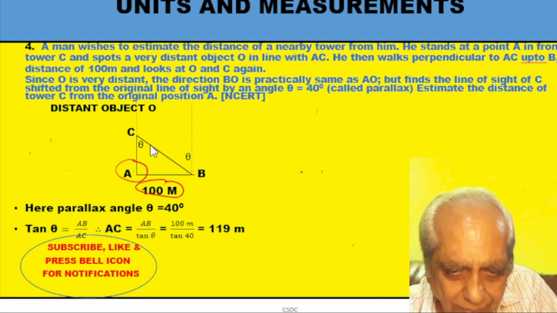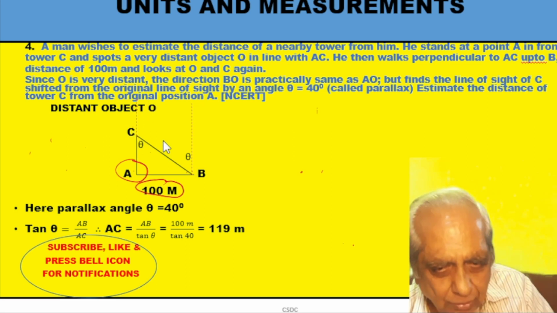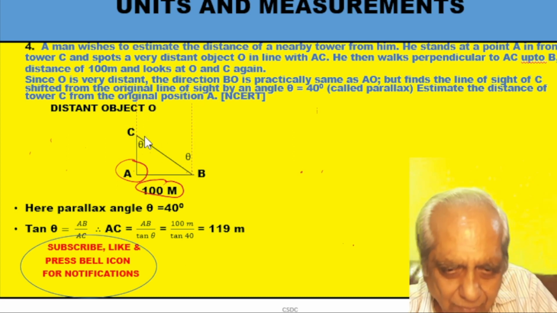So when he is looking from A to C, it was 0 degree. Now these lines are same, but when he is looking from B to C, he is getting this line. So this angle is given to be 40 degree.